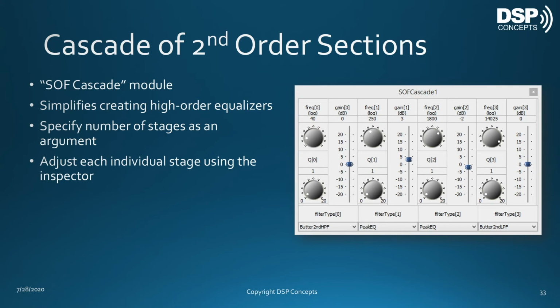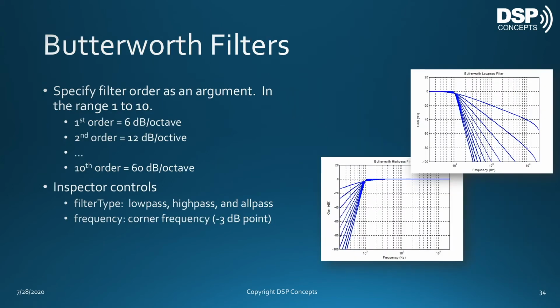So far, it's all been second order filters. There's also a Butterworth filter. And although with the second order filters you can do first and second order Butterworth filters, sometimes you need higher order filters. So that's where the Butterworth filter comes in. So you specify as an argument the filter order, and that'll essentially specify the slope of the roll-off.